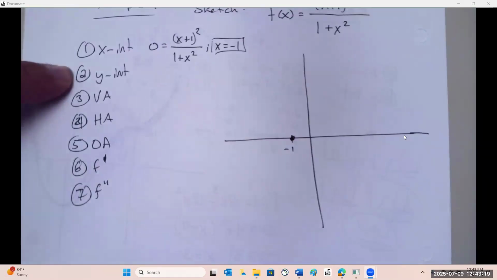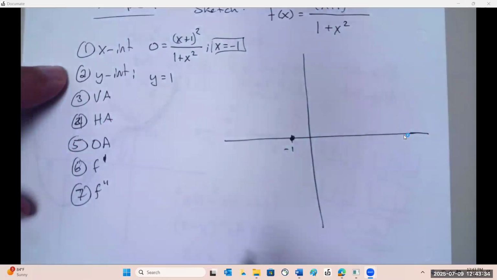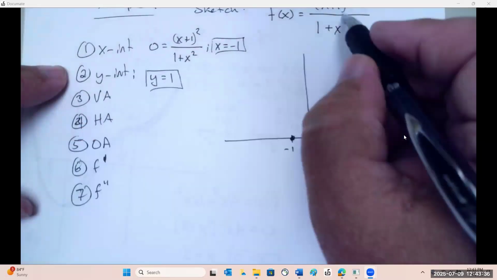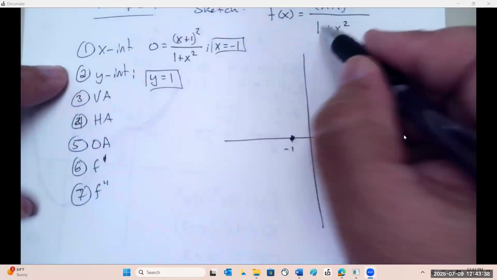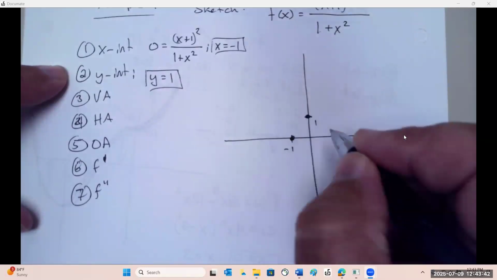Do we have a y-intercept? Yeah, set all the x's equal to 0, so you have 1 over 1. So we have a y-intercept at 1.